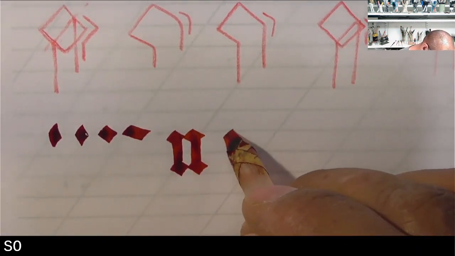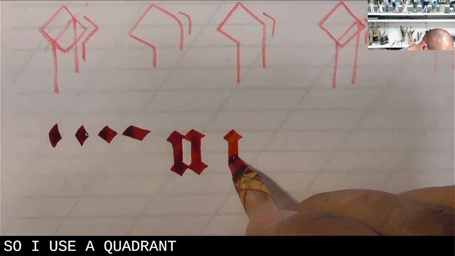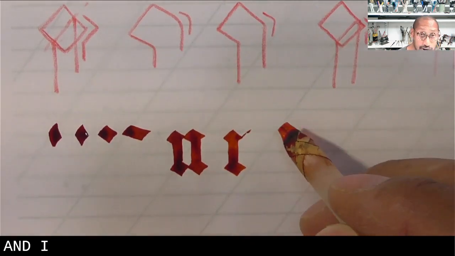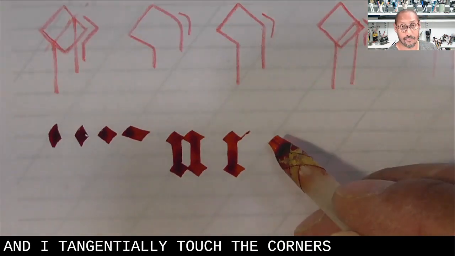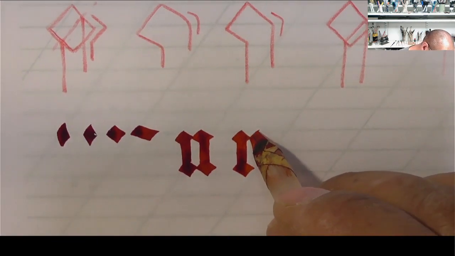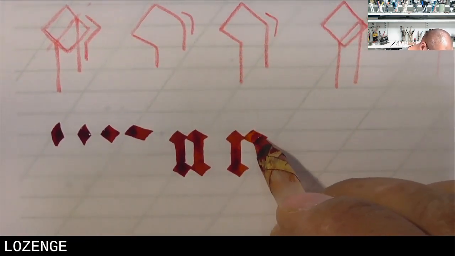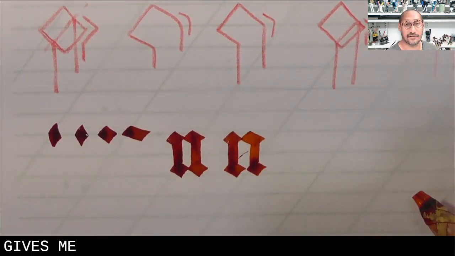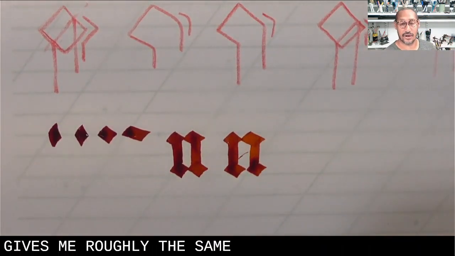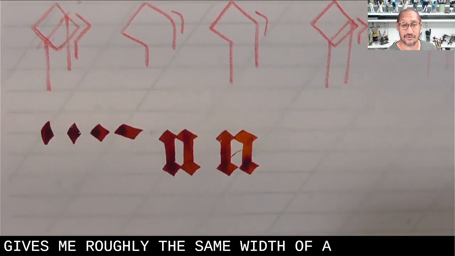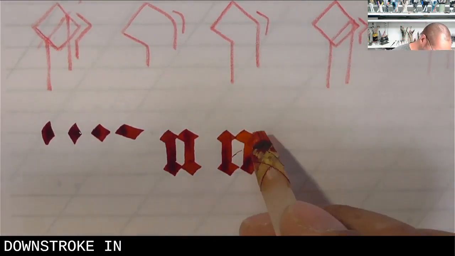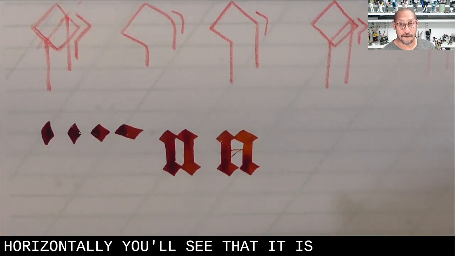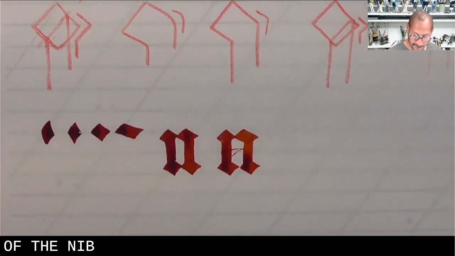So I use a quadrant, a downstroke, and a quadrant, and I tangentially touch the corners to use a lozenge and a downstroke and a quadrant, which gives me roughly the same width of a nib stroke, a downstroke in that space. If I turn the nib horizontally, you'll see that it is the full width of the nib.